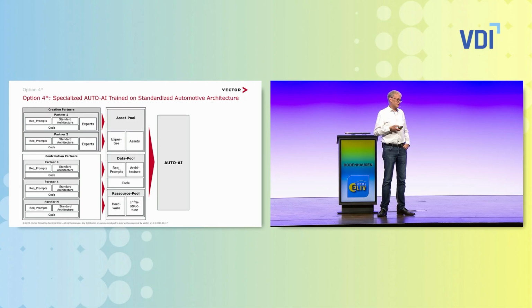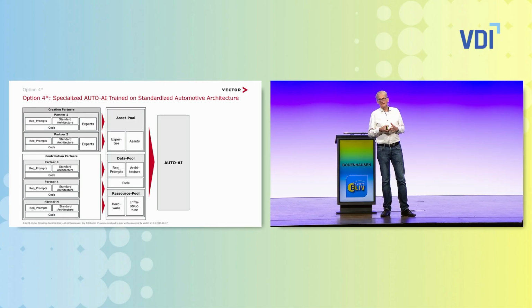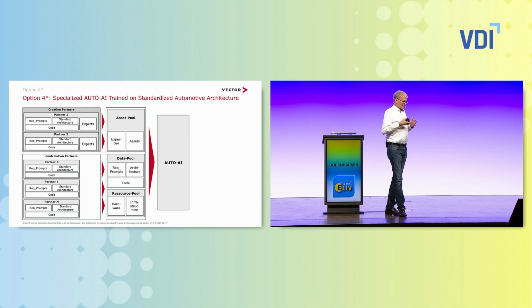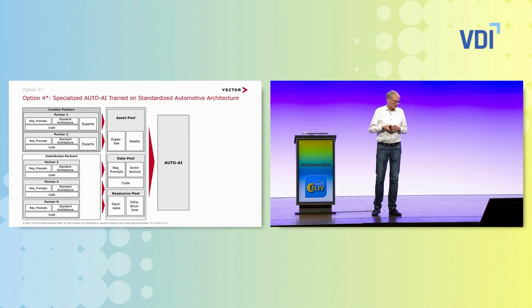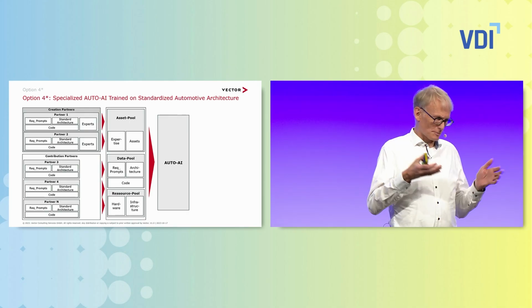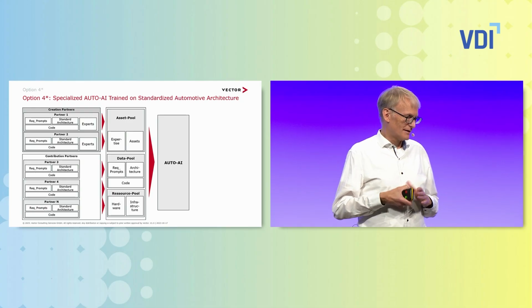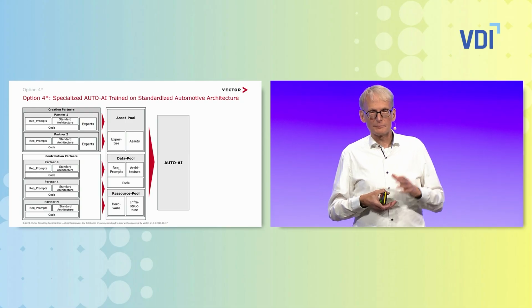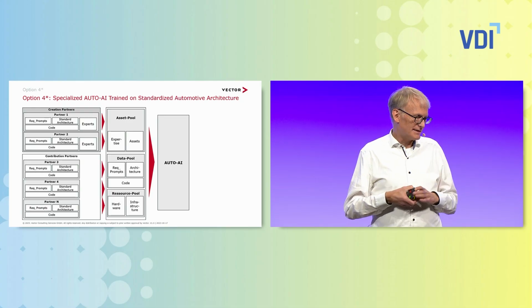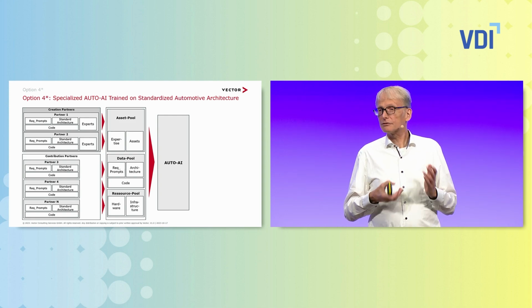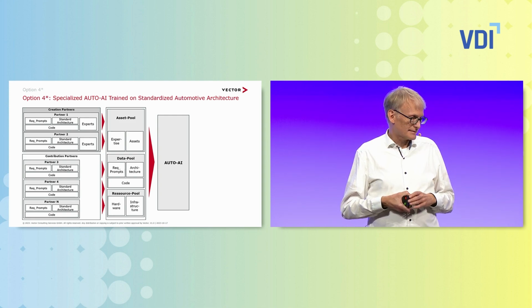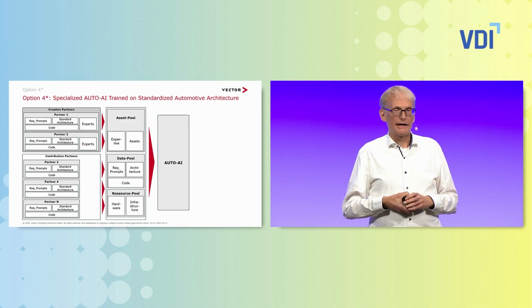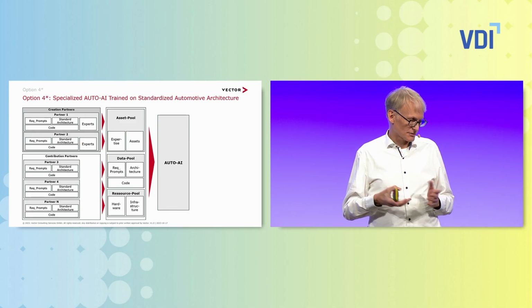So the proposal is here in order to bring the needed amount and manpower and resources together to define, let's say, a standardized automotive architecture, have a consortium of creation partners that put in data and expertise, and have contribution partners that put in data points, and by that we get an asset pool, a data pool, a resource pool.